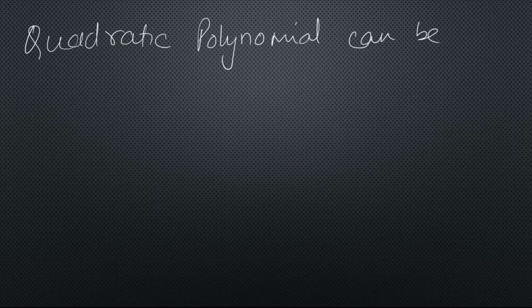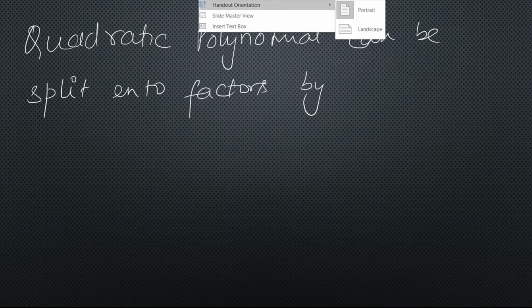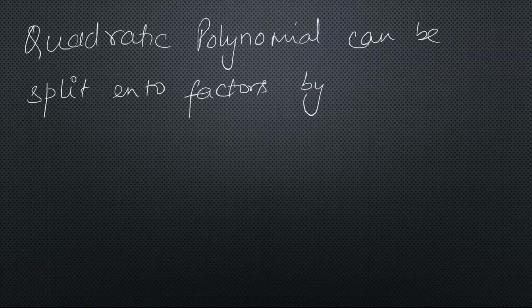So what I said, a quadratic polynomial can be split into factors by splitting middle terms. You can write this. I think you must be understanding factors. You must have read it in algebra, right? What is this?